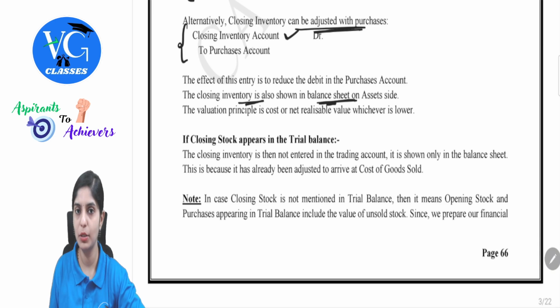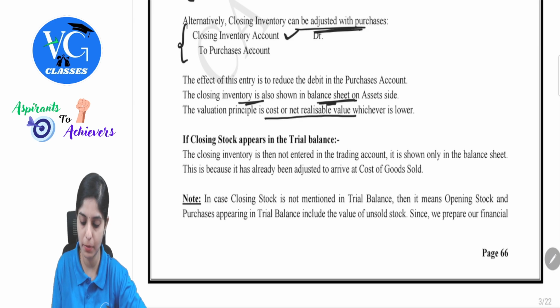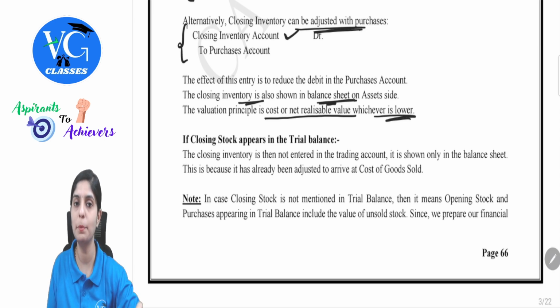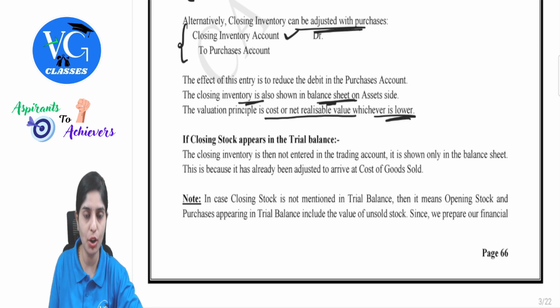The valuation principle will be the same as what we understood in inventory, that is cost or net realizable value, whichever is lower. Closing inventory valuation, this principle is a must to follow. If the question gives you two values, that is cost or net realizable value, you have to apply this principle. You will take whichever is lower. Yes.